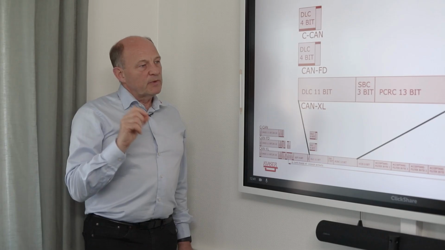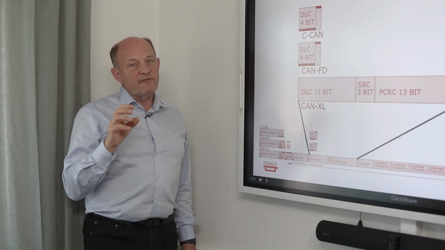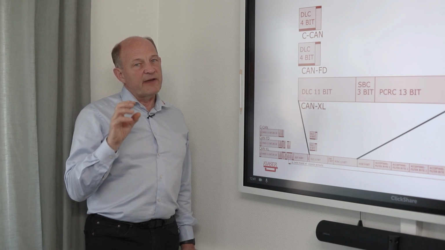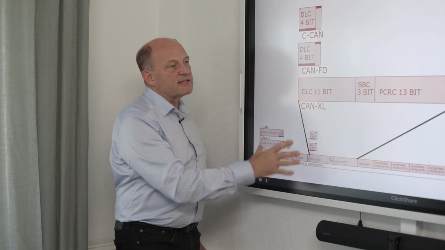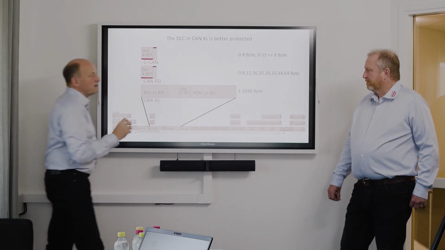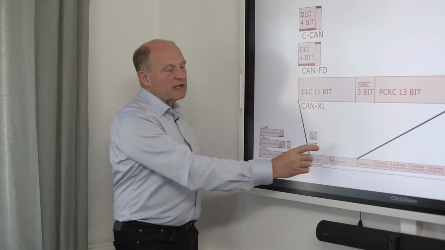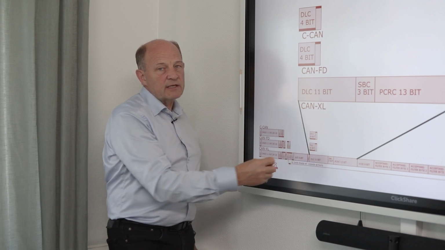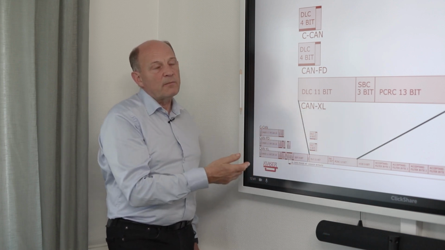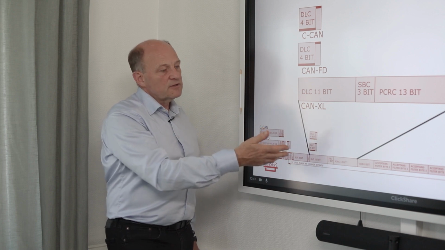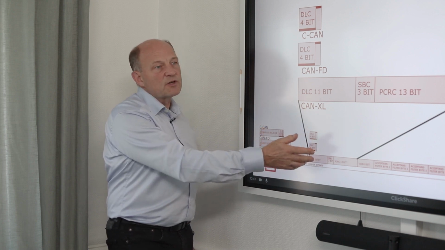We have a problem with the CRC, because to have a theoretically valid CRC, you need to know exactly how many bits you have put into your CRC. The problem here, with a data length code, is that the number of bits depends on how many bytes you have in it. So you have to know that this number is correct.